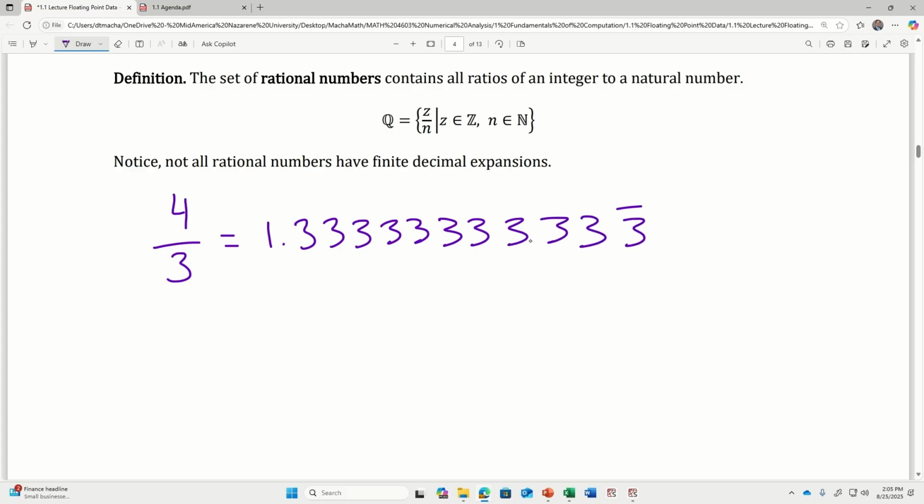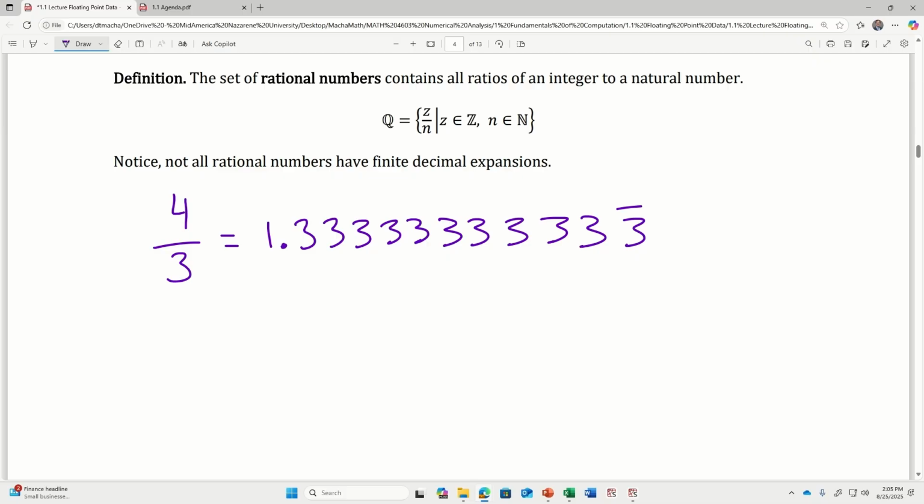So how do I represent this in computer memory if it doesn't even have a finite decimal expansion, right? That's a question we'll get to.